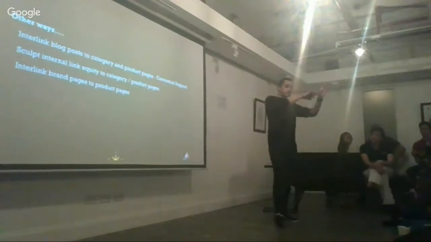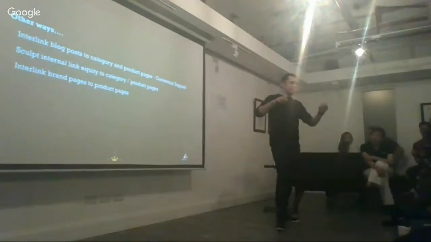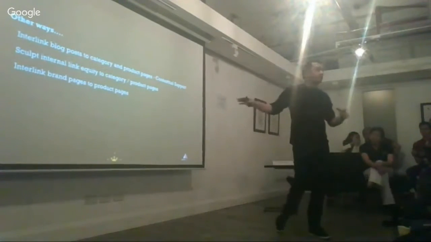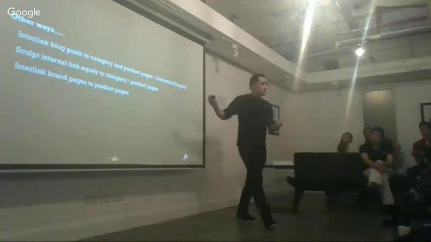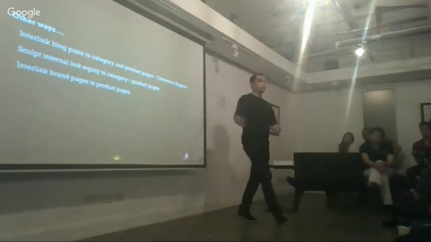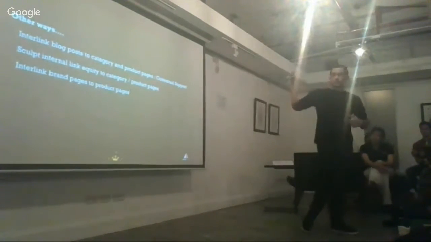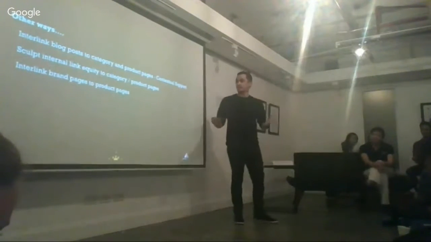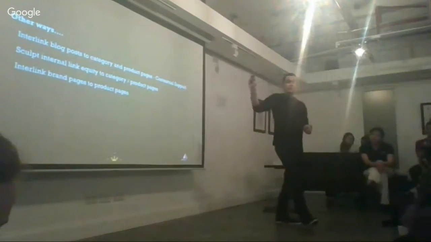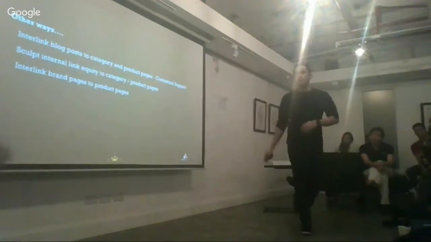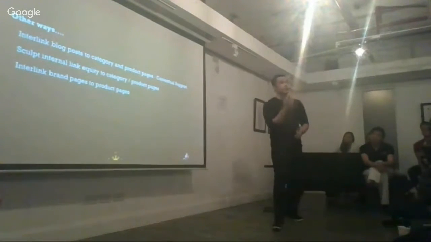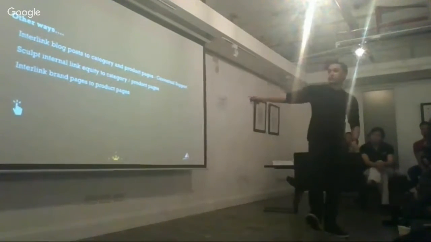Because your pages that you're trying to rank for red shoes or running shoes or whatnot could be ranking, but you also want to make sure that your brand pages are also ranking for search terms like maybe Nike shoes, the more generic kind of terms. So again, another way of interlinking, it's important for you to understand that authority goes down and context goes up. So this is one example.